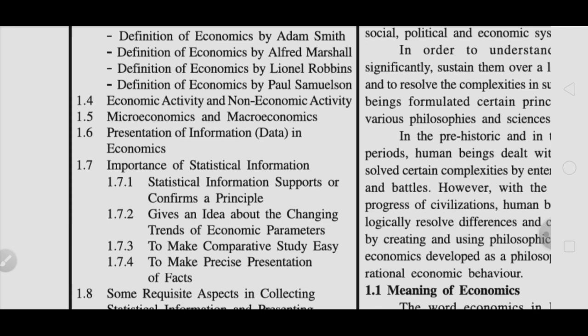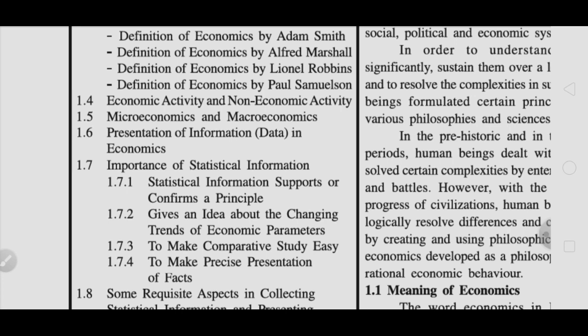Microeconomic variables means all those variables which are related to a particular person, a particular product or a particular firm. That is why it is a very small portion of a big economy, and that is why it is microeconomics. Macroeconomics, on the other hand, is the aggregate; it is totality in nature.